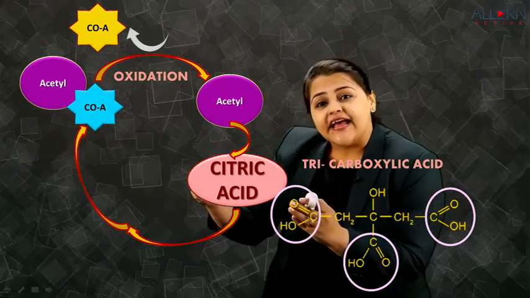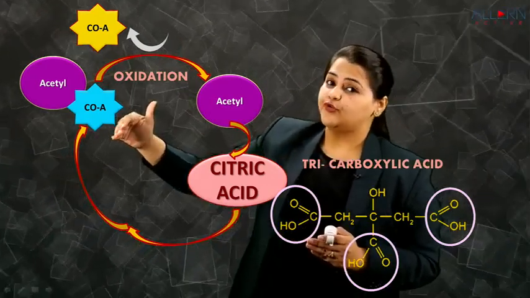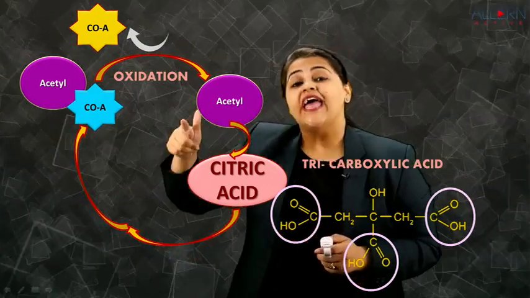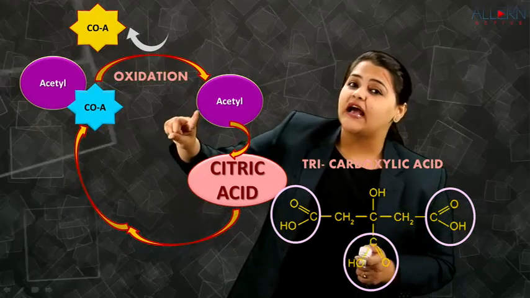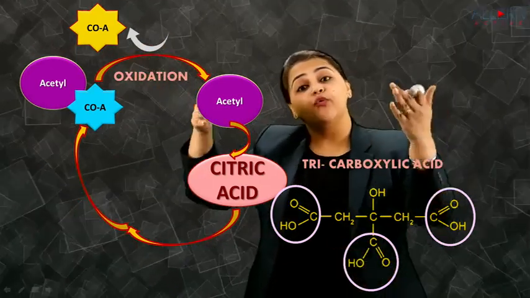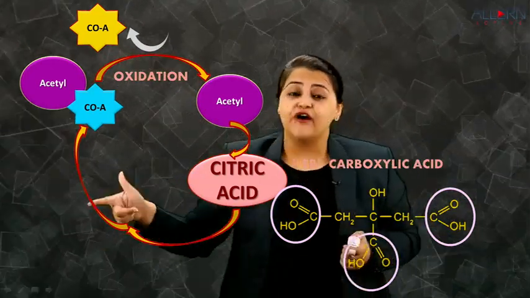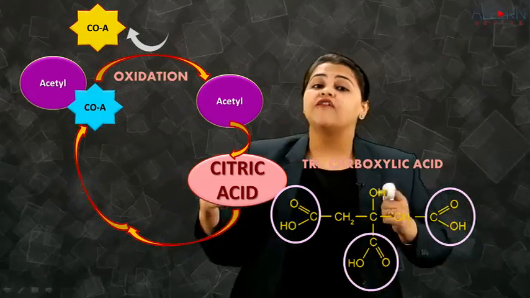Now this citric acid will further divide into many molecules, and one of these will again react with acetyl coenzyme A to release the coenzyme A part. Acetyl will form citric acid, and this citric acid will then undergo a lot of other processes.